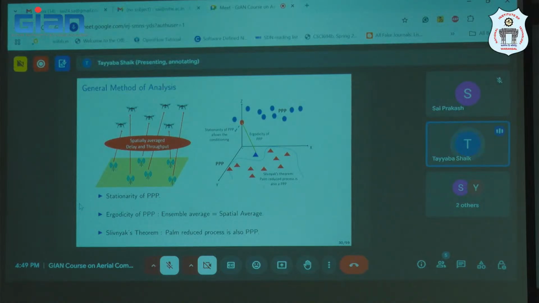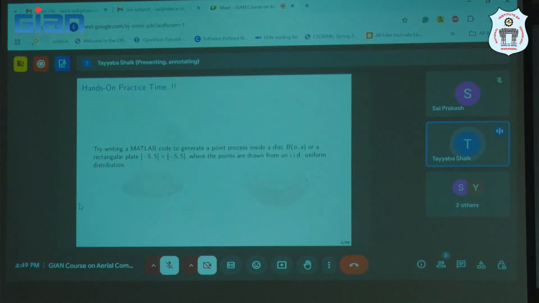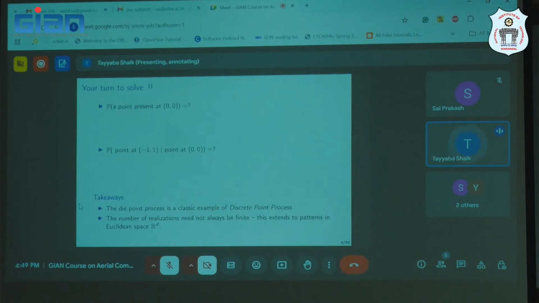Okay, and there is one more thing called Slivniak's theorem. What it basically says is that, conditioned on this point, the rest of the process has the same distribution as the original process. Let me go back to that slide quickly. If you look at the worked example in the beginning, conditioned on a point at the origin, I'm asking you what is the probability that there is a point at -1, 1.